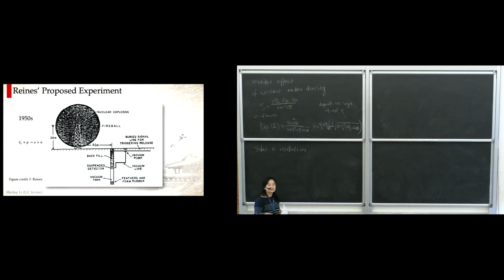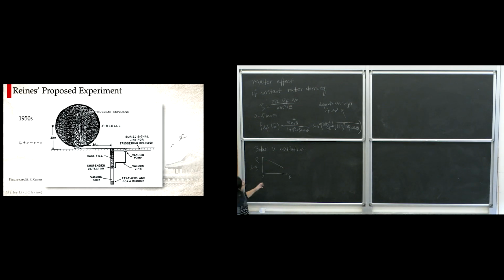So this morning we talked about how neutrinos oscillate in vacuum, and then we started talking about the matter effect. And again, the expression I wrote down, which is very easily solvable, is for when we assume constant matter density. But the matter effect is really just measured in solar neutrino oscillation, where the matter density goes as a function of radius, because as the neutrino propagates from the center of the sun to outside of the sun, it's really more like an exponential thing.